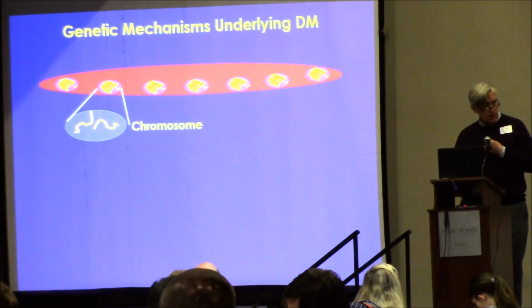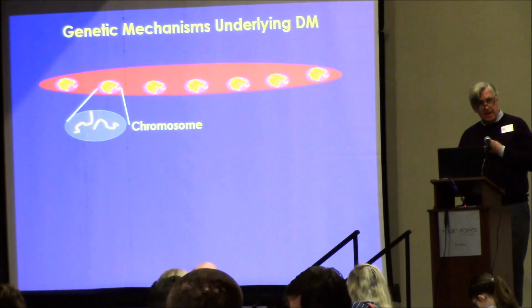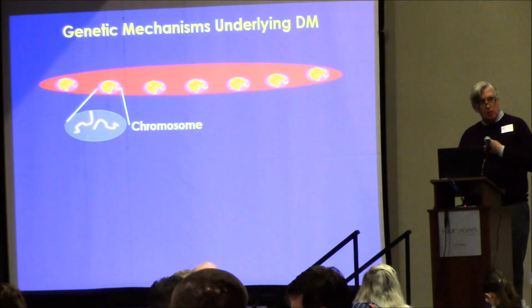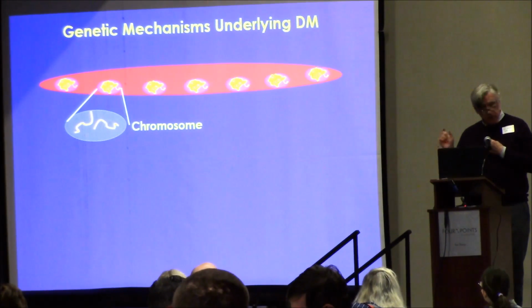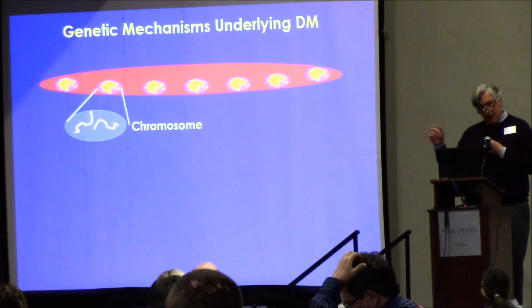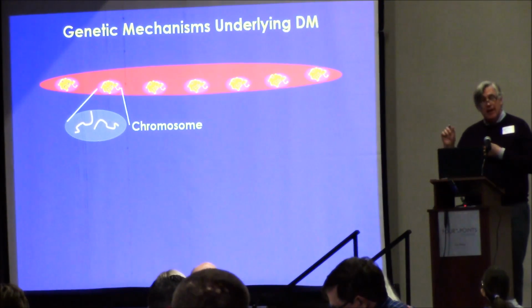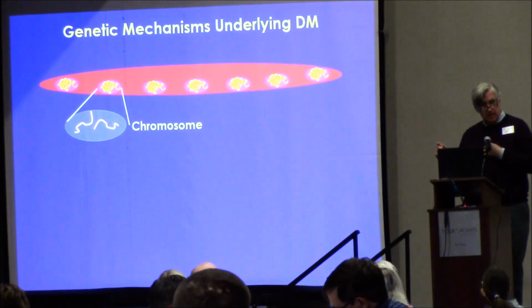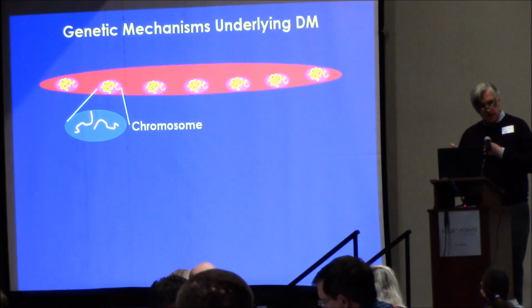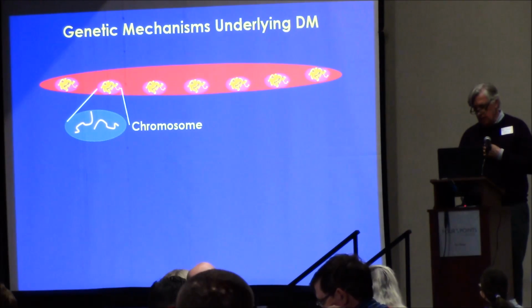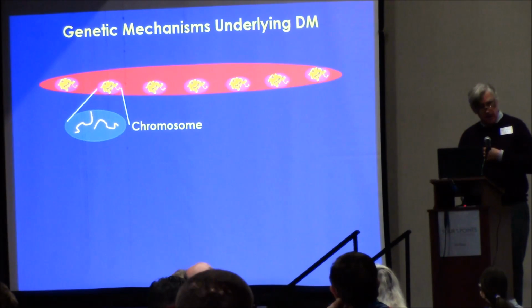And as we heard from Dr. Grossman, that DNA is in your chromosomes, and the chromosomes are in the nucleus, the driving center of every cell. Every cell in your body, and you've got lots of them, has the same DNA in it. Each of them is going to carry that repeat expansion, that CTG in myotonic dystrophy type 1 or CCTG in myotonic dystrophy type 2. Every nucleus of every cell is going to carry that.